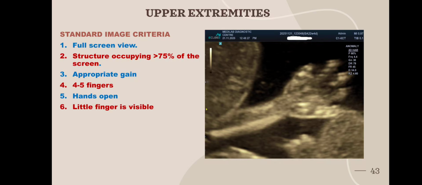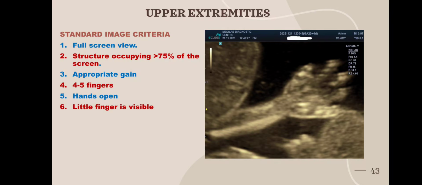Now come to upper extremities. Confirm the presence of both arms and both legs, and see here the upper extremities with the appropriate gain. 4 to 5 fingers should be seen and little finger should be visible.